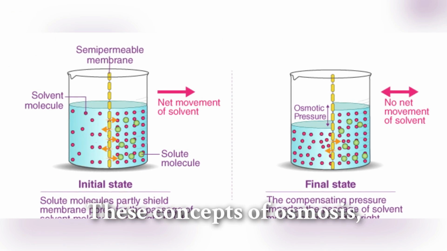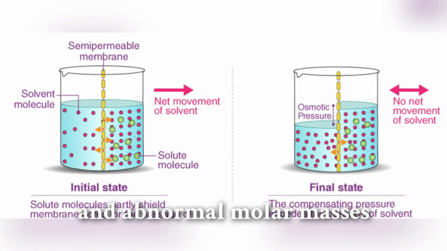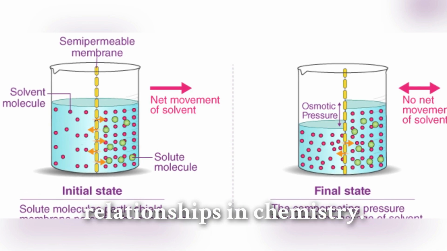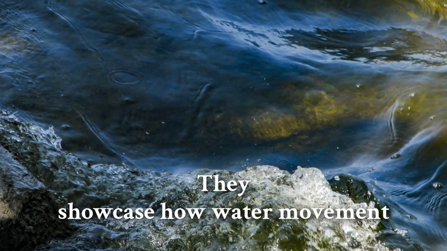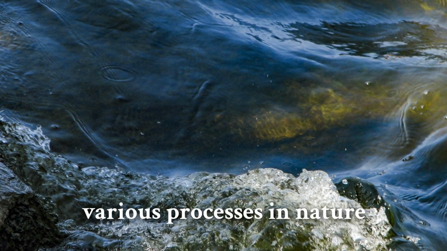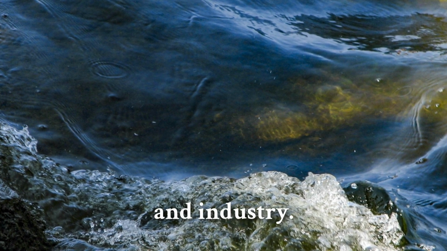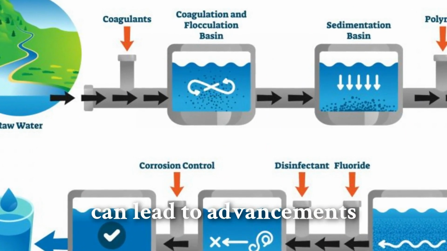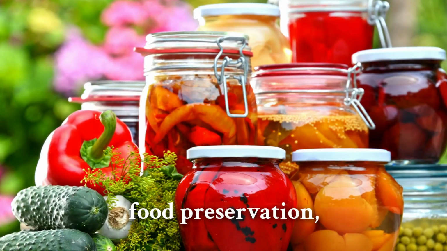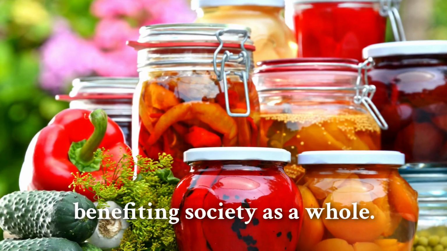These concepts of osmosis, reverse osmosis, and abnormal molar masses highlight the intricate relationships in chemistry. They showcase how water movement and solute behavior impact various processes in nature and industry. Understanding these principles can lead to advancements in water purification, food preservation, and even medical applications, benefiting society as a whole.